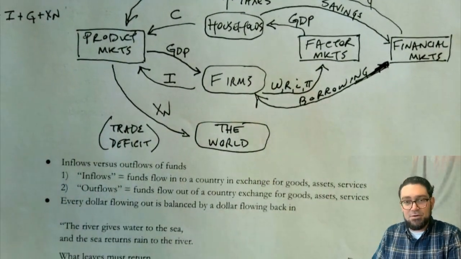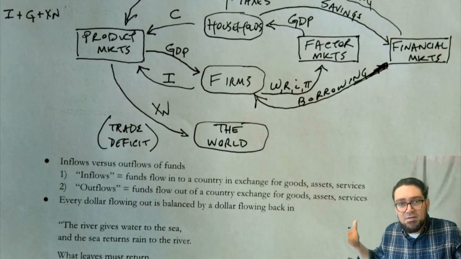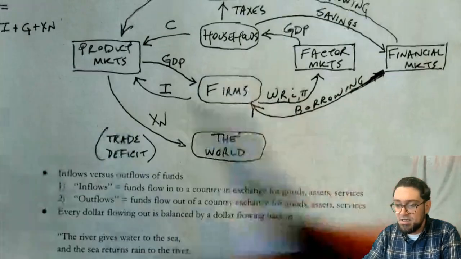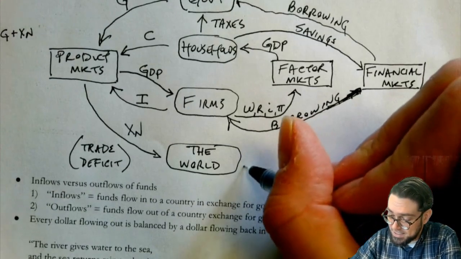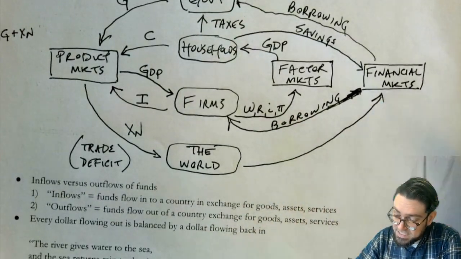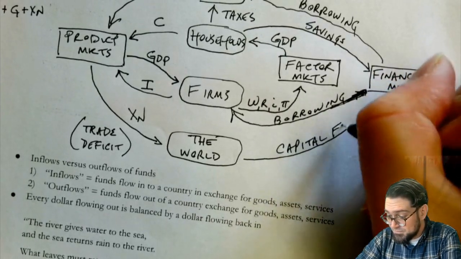Now, it doesn't stop there, though, right? That would indicate that maybe the world will just keep accumulating this money, and then eventually we run out, right? This breaks the circular flow, and that's actually because there is another arrow that we need, and it's that foreigners take that money and they do what's called capital flows.